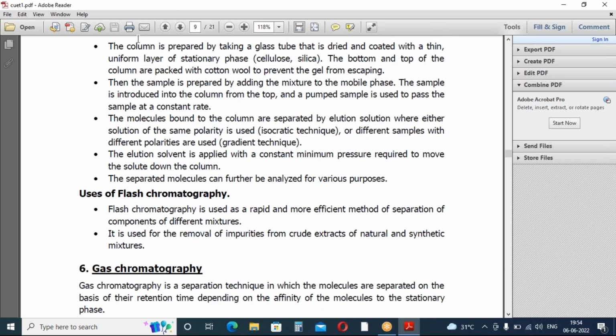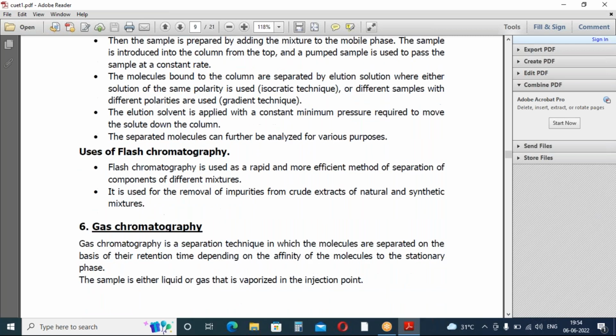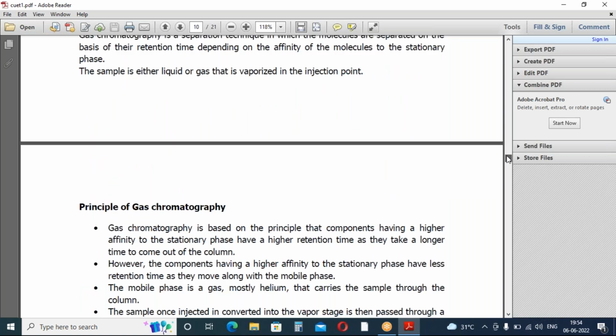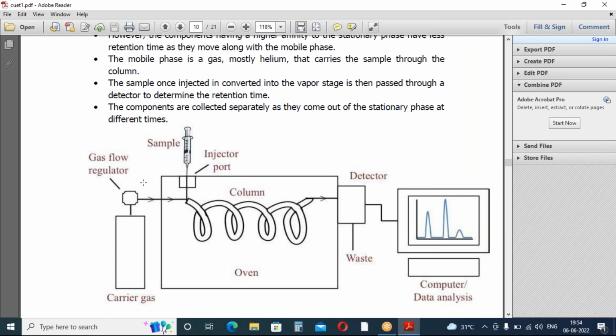Here I will show what is happening. This is the setup mainly used for gas chromatography. Here the stationary phase is the packed column.